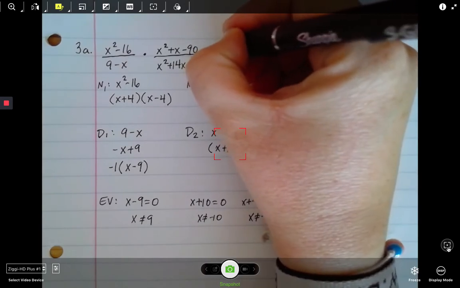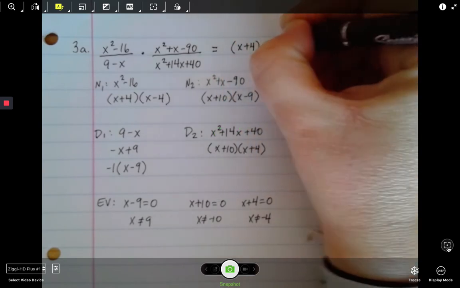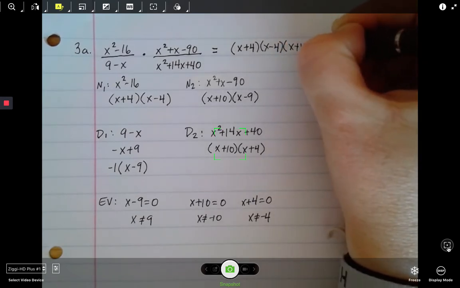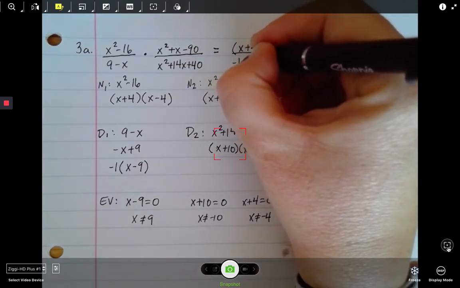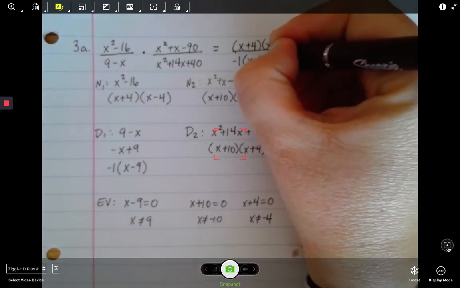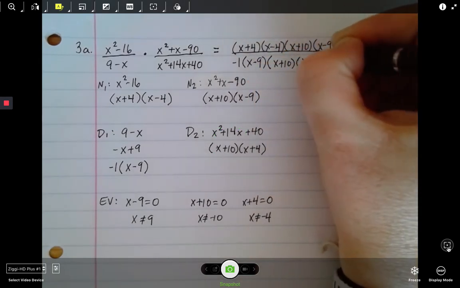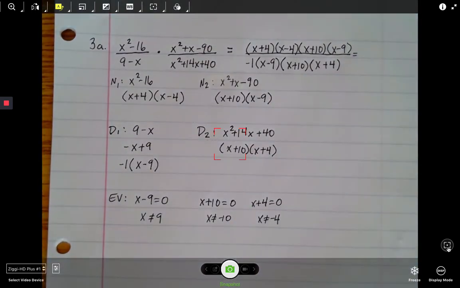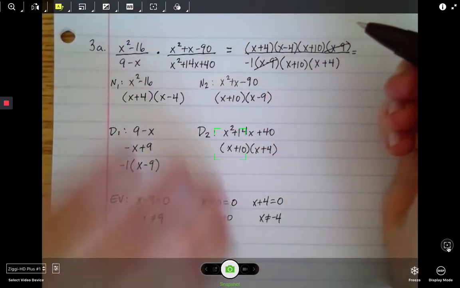So I'm going to actually come up here and write it all as one big fraction. I've got my factors for numerator 1, numerator 2. Do y'all see how I'm just writing it as one big fraction? Denominator 1 and denominator 2. x minus 9 cancels out.